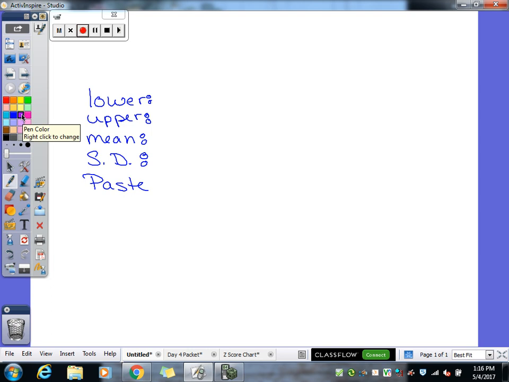So what you're going to do for this problem is type in exactly how we have it written on the paper. Our lower bound was negative 99,999. Our upper bound was 500. Our mean was 560. And then your standard deviation was 75. So you type them all in, you go to paste, and you hit enter.